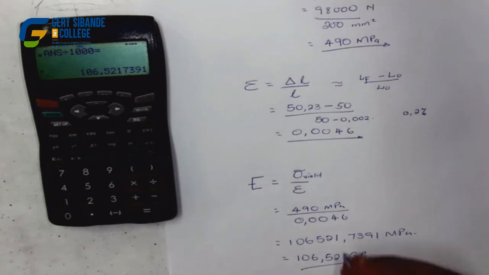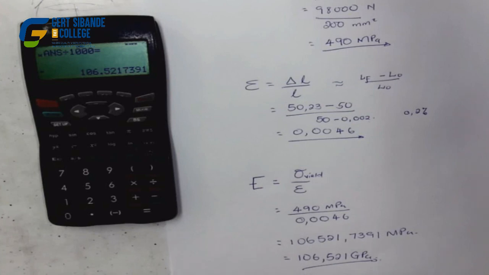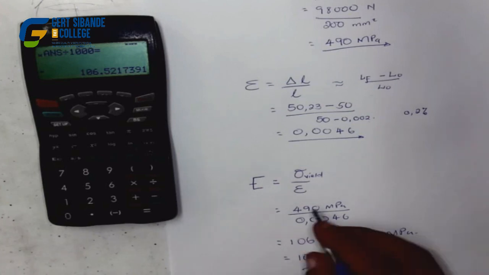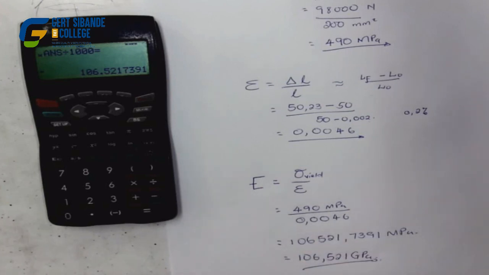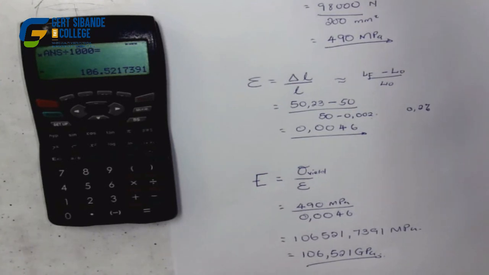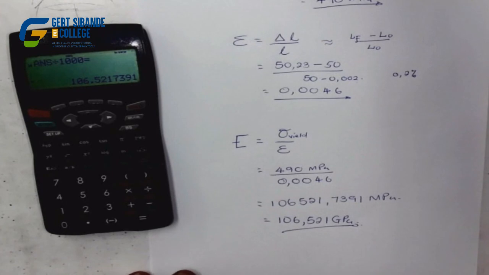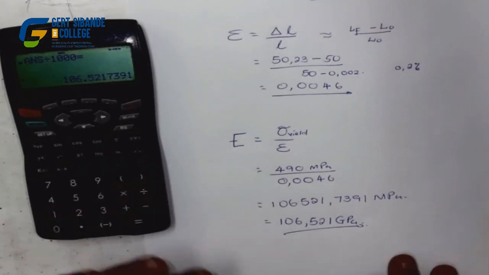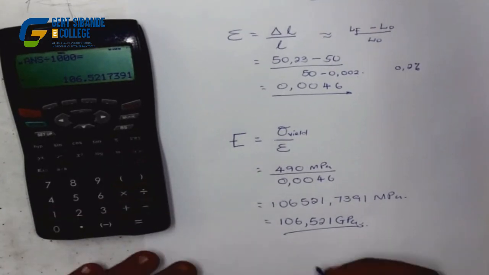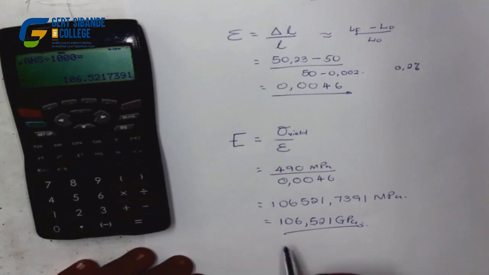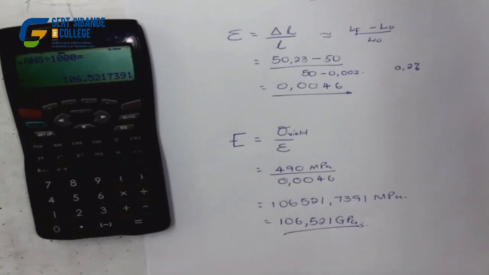So the total answer, the modulus of elasticity, is equal to 106.521 gigapascals. That is the stiffness of the material at the end of the day. The material is stiff up until that particular region, and if it goes beyond that region, then the material will fail. Thank you.